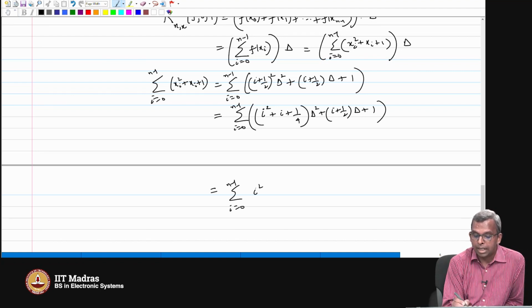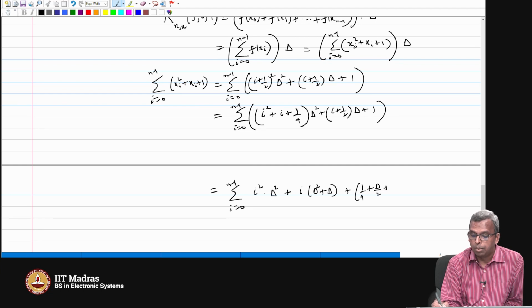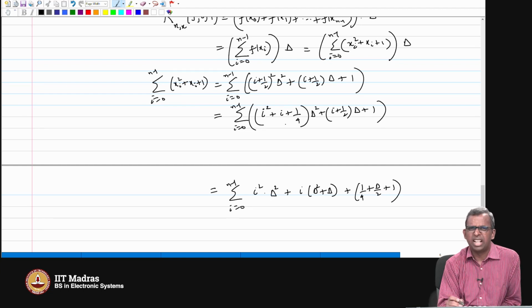You have i squared, collect all the terms together. You have i squared into delta squared plus i into (delta squared plus delta) plus (delta squared by 4 plus delta by 2 plus 1), isn't it? How did I collect this? Check this: delta squared by 4 plus delta by 2 plus 1, right? So, this delta squared multiplied each of these things, and you added all the constant terms together.